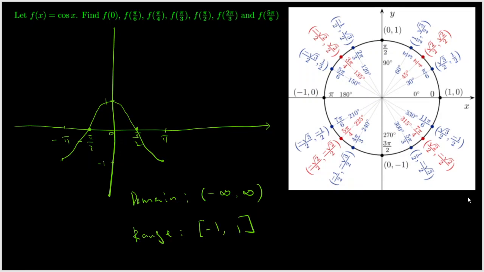For this function, I just did not do the values, but it's easy for you guys to compute the values. That's cos. So any questions about cos? If you don't have any questions, we'll move on to tan.